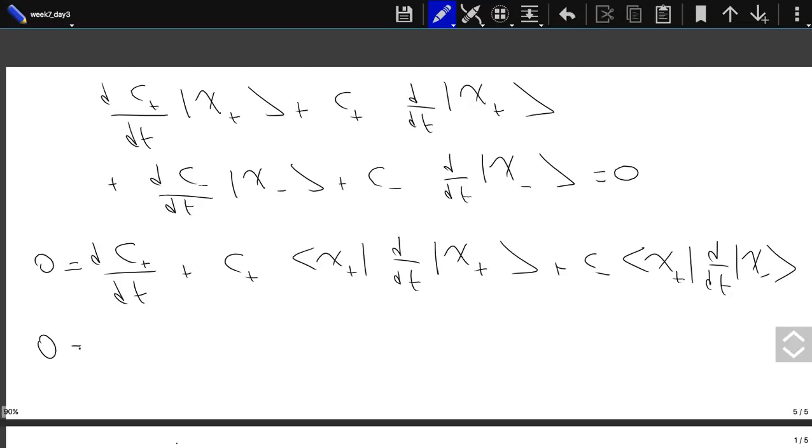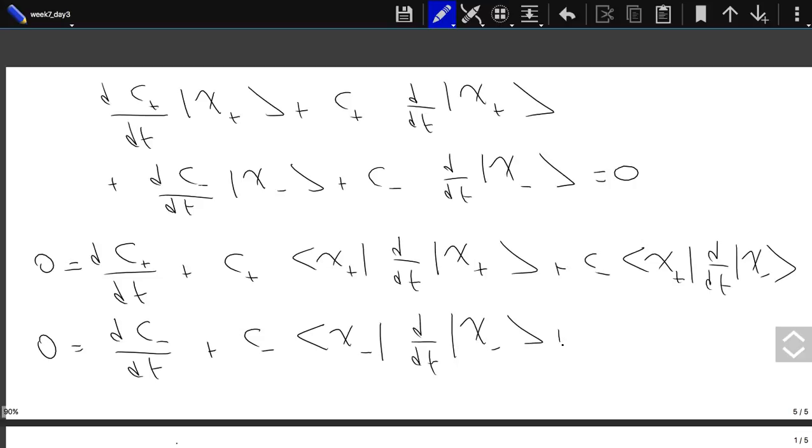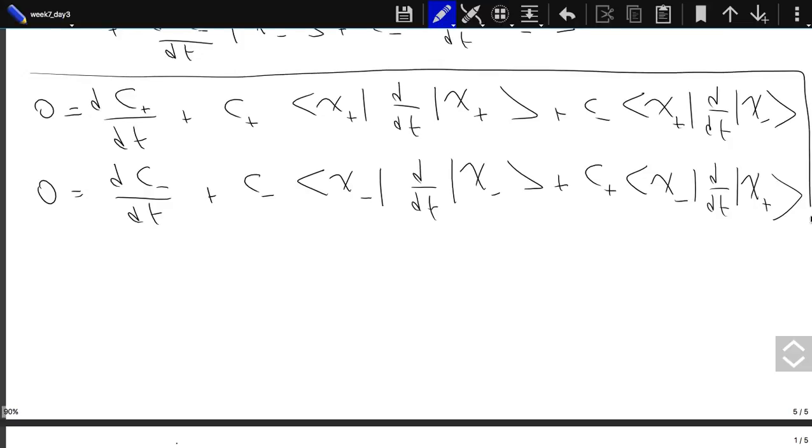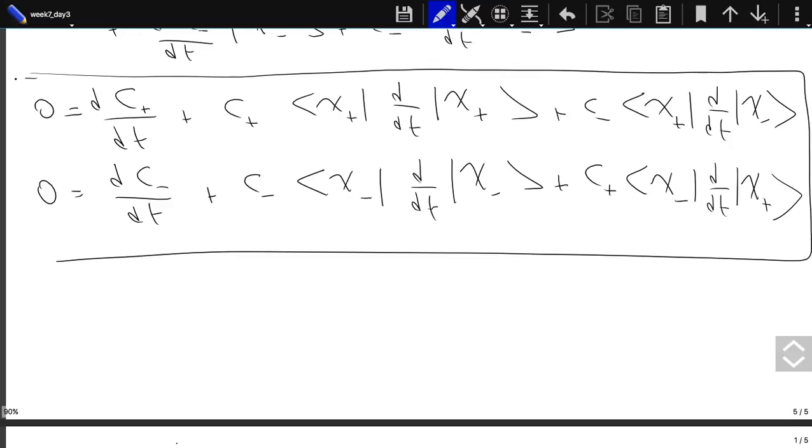And similarly, 0 should be equal to dc minus by dt plus c minus chi minus d by dt of chi minus plus c plus chi minus d by dt chi plus. So these are the two equations that I need to solve.